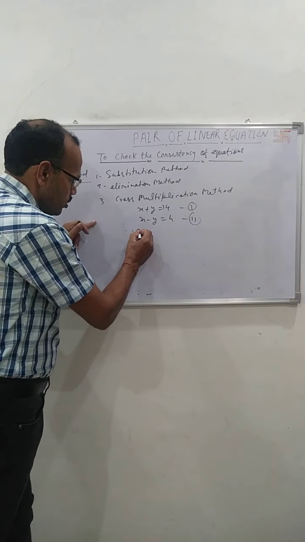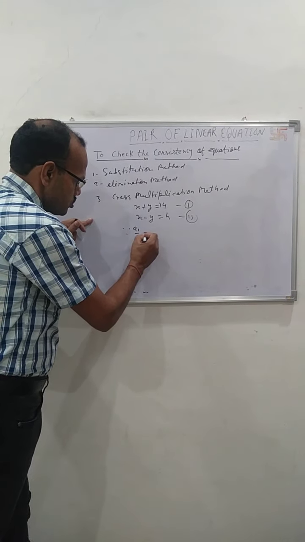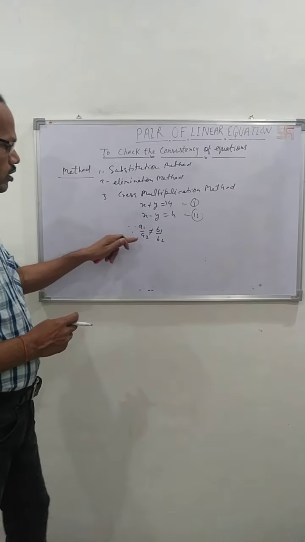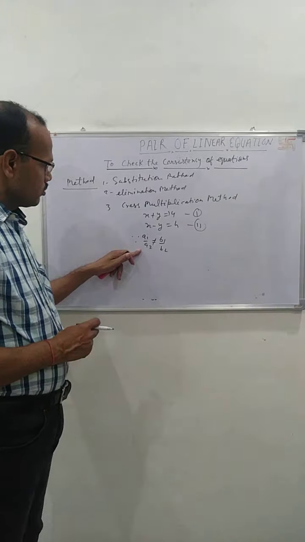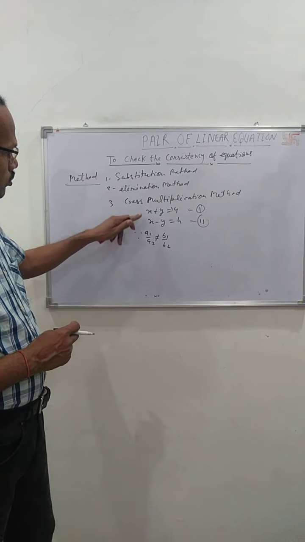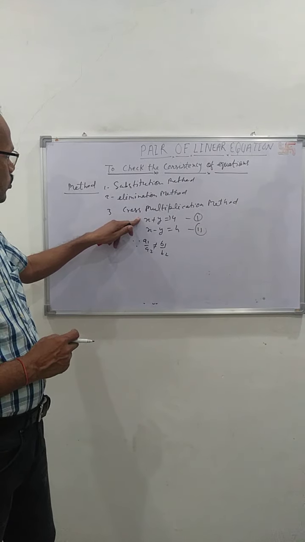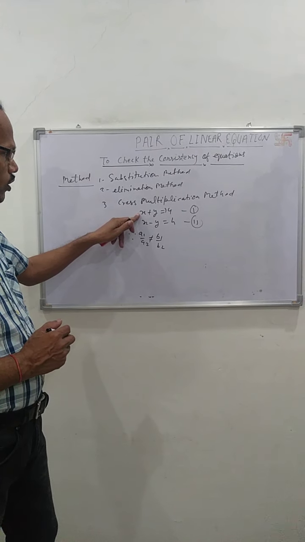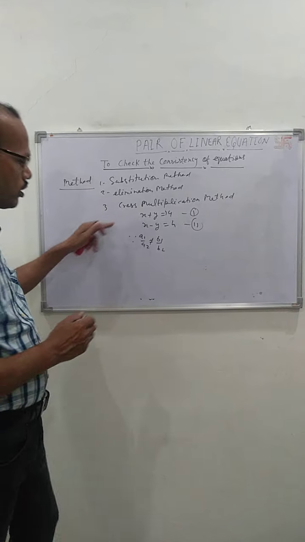Since a1 upon a2 is not equal to b1 by b2, as I have clarified, we can go to the substitution method, by which we can find the value of x from equation 1.